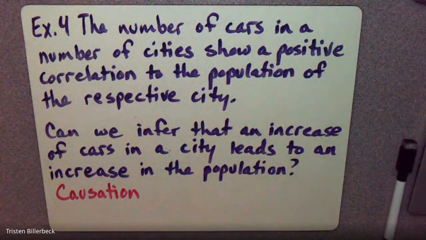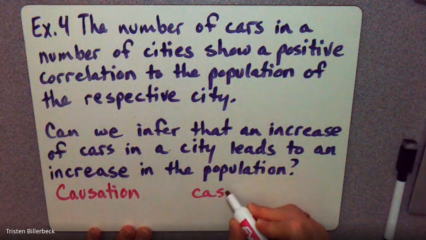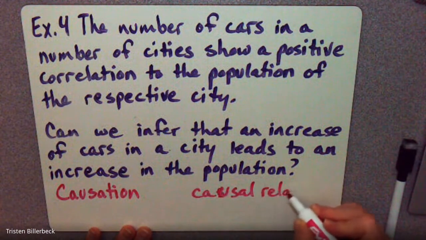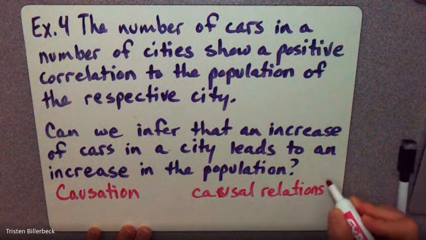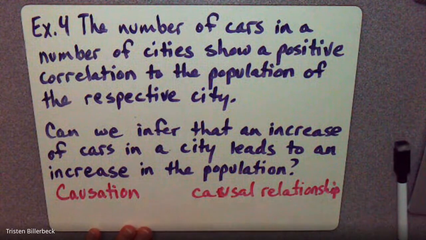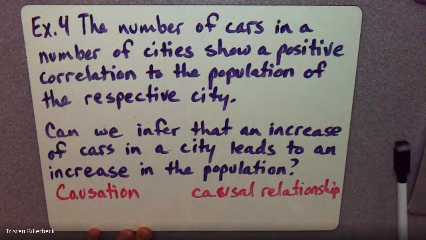Okay, so causation, we want to make sure there is a causal relationship. Well, okay, maybe there's one with the number of people producing more cars, but I don't think we can go backwards and say cars are producing people, can we?